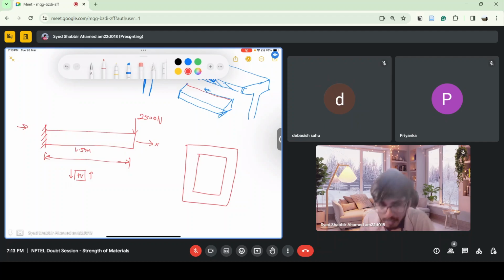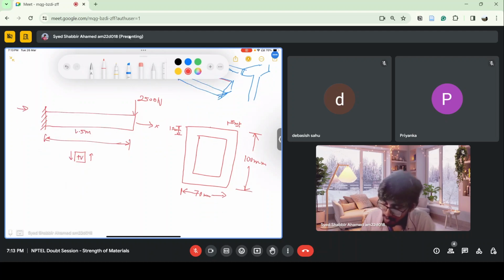This has a box section. The thickness is 15 mm here, and this is also 15 mm. This is 70 mm, and the outer depth and outer width is 100 mm.